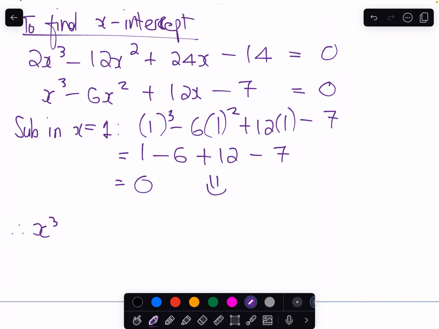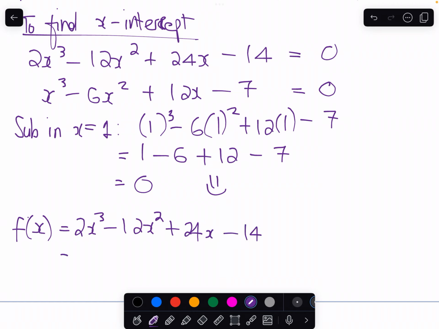This means that, well, what we're more concerned with is the original function. So f of x, which is 2x cubed minus 12x squared plus 24x minus 14, is equal to x minus 1, because that is one of the x-intercepts, right?